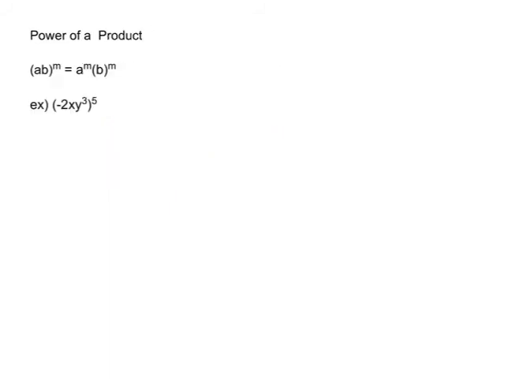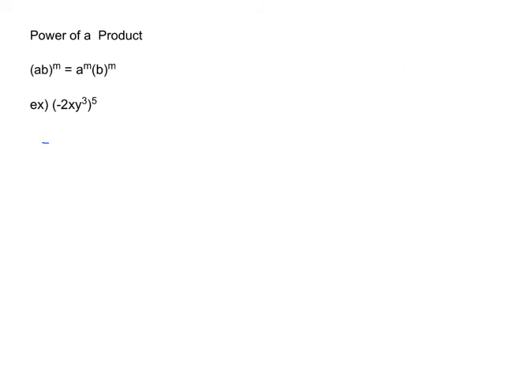So when I have a power of a product, I can actually distribute my exponent. So let's take a look at this first example. If I had negative 2x times y to the third, all of that to the 5th power, I'm just going to distribute my exponent.